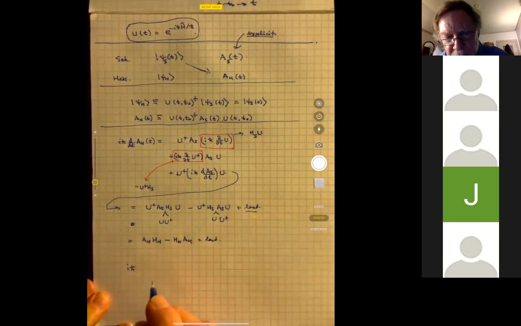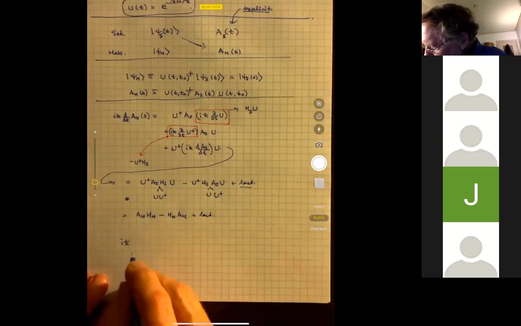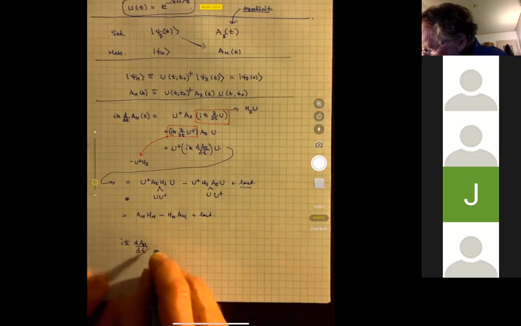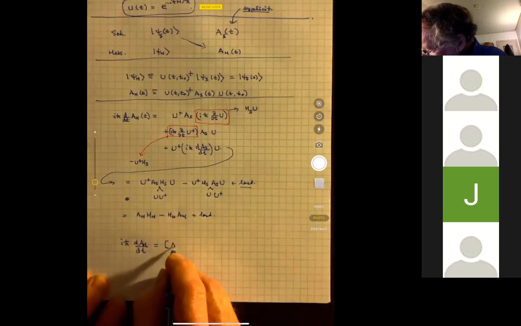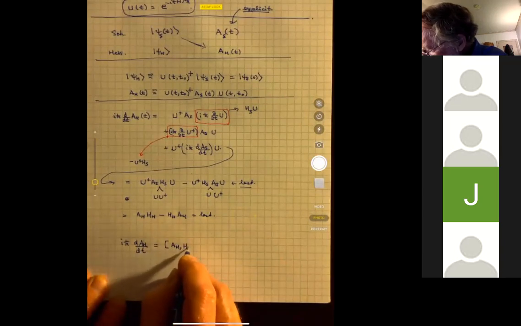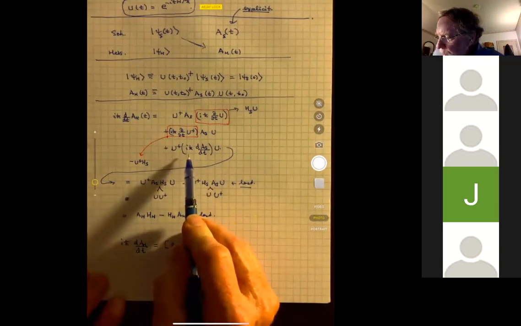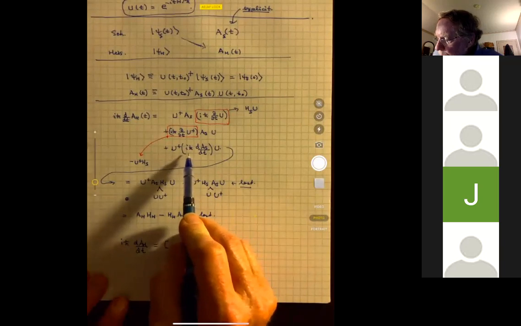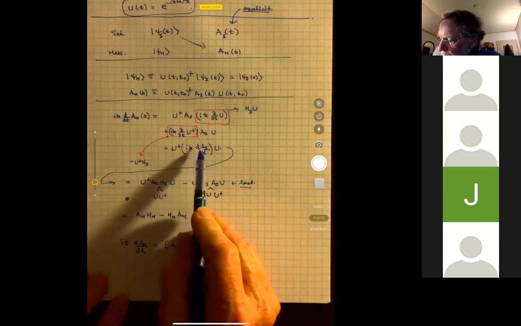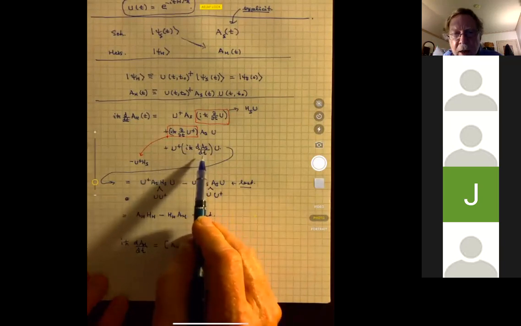And so the resulting equation looks like this: iħ dA_H/dt is equal to the commutator of A_H with the Hamiltonian in the Heisenberg picture. And as far as the last term is concerned, you can see that it's iħ times the derivative with respect to time of the Schrödinger operator, which would be 0 if there's no explicit time dependence, but sometimes it's non-zero.